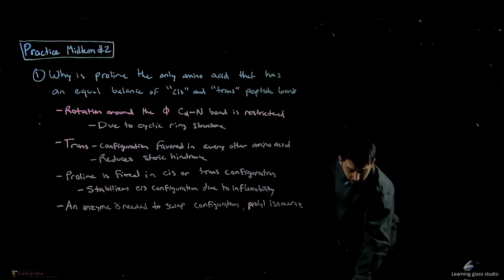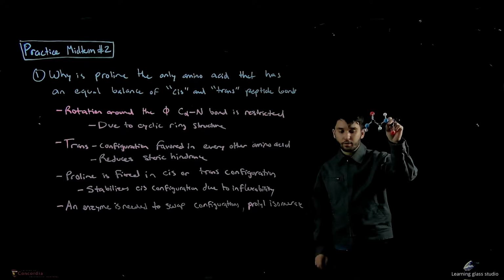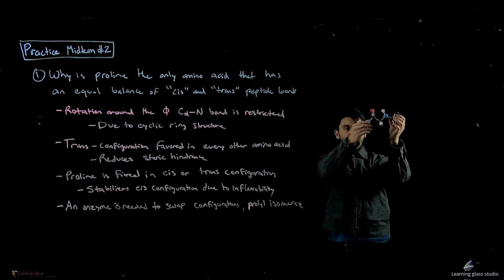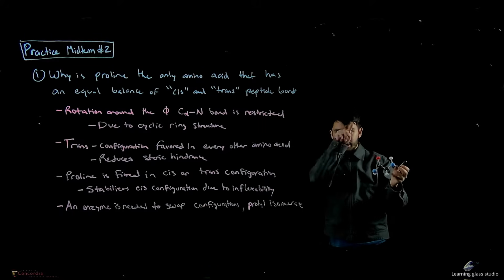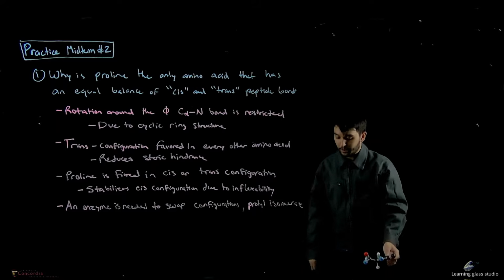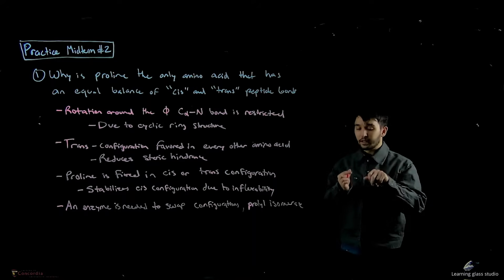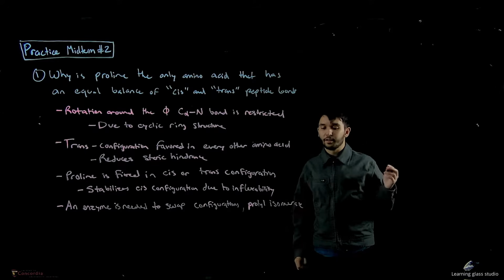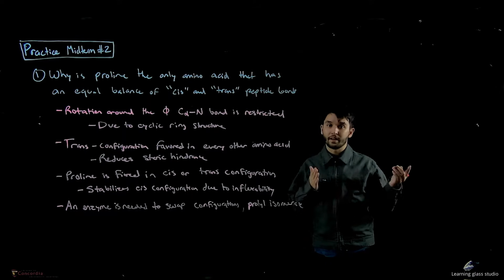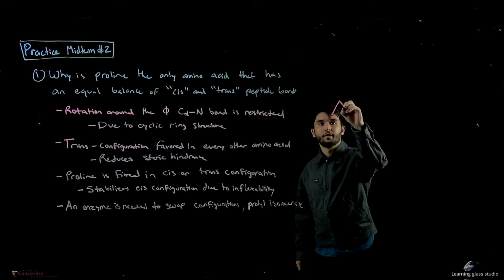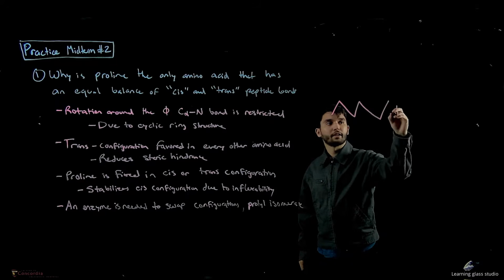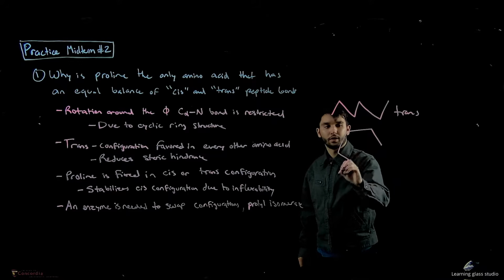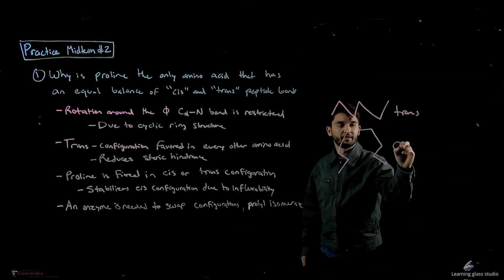Generally, in the peptide backbone, the trans configuration is stable, so it is a zigzag within the backbone. However, in proline, because it's restricted due to the cyclic ring, the cis configuration can be produced and can be favorable. This is what a trans looks like, while this is what the cis would look like.